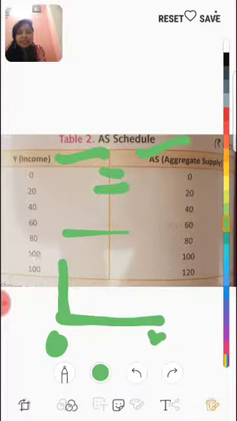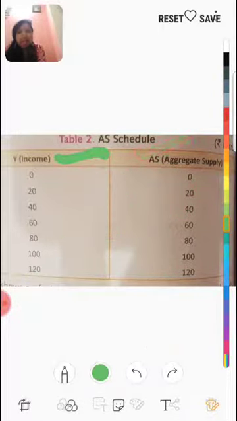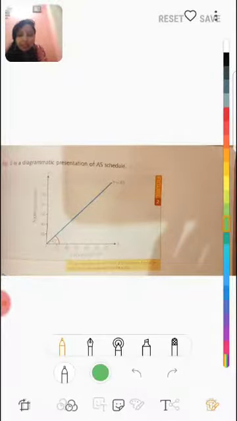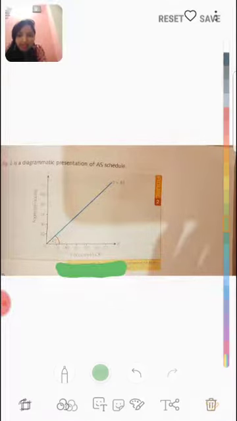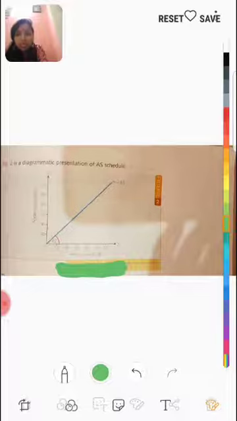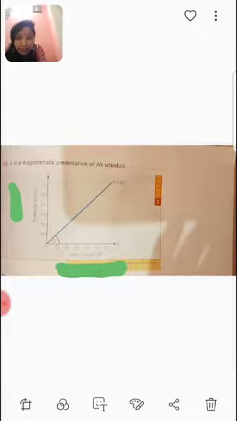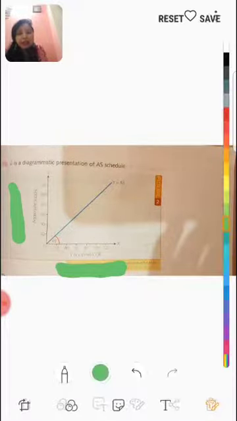Okay, dear students. So AS means aggregate supply. It is that part of income that producers earn from selling goods and services. So here is a diagram. In this diagram you can easily see that on the x-axis you can show income or GDP, on the y-axis you can show aggregate supply, and here is a simple 45-degree line.